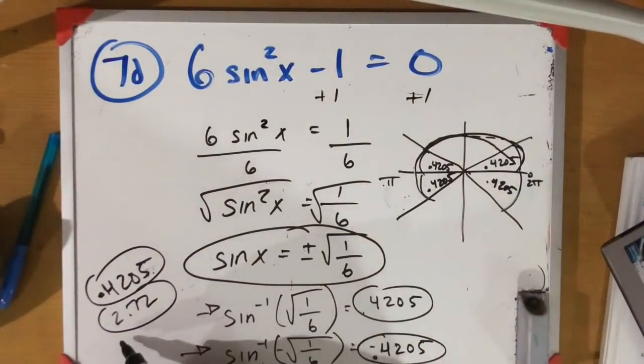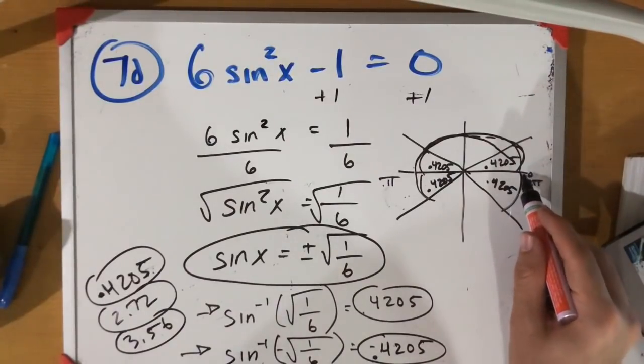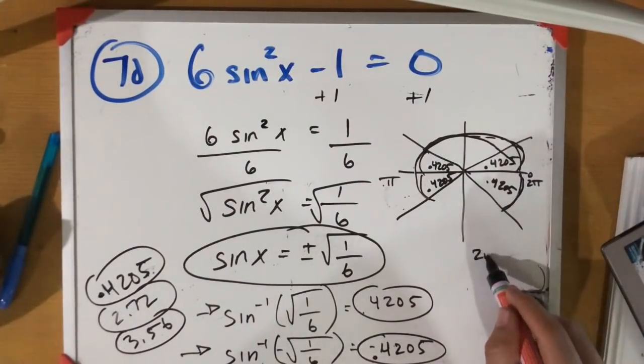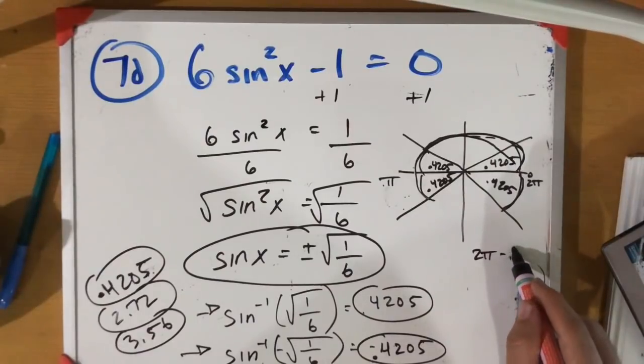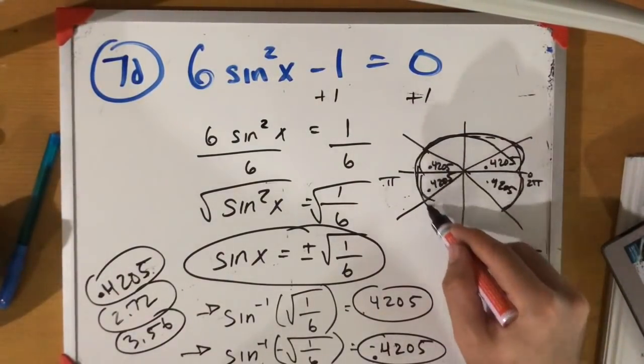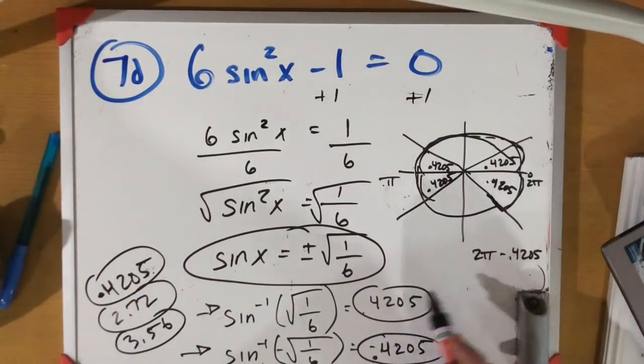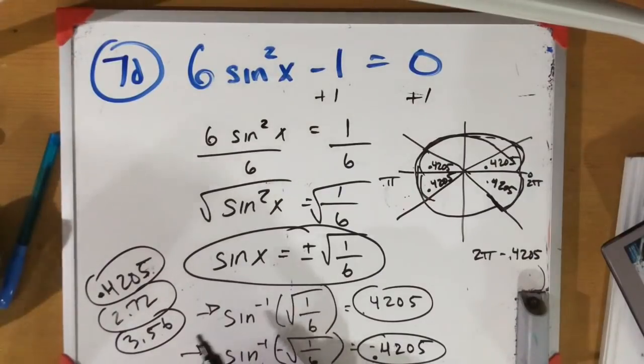That would end up being 3.56. And to find this, how about we just work backwards? We can say 2 pi minus 0.4205 to find out what this angle is from here to here. That would end up being 5.86.